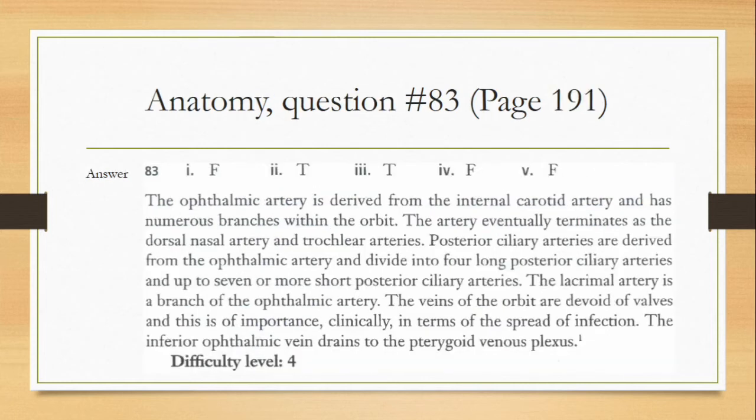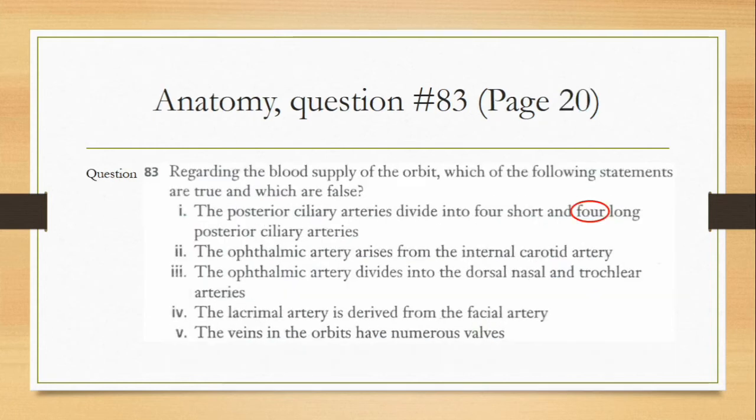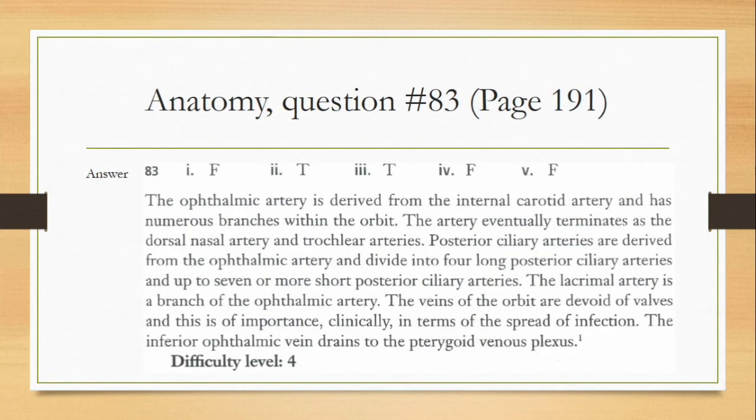And this statement is false because actually there are only 2 long posterior ciliary arteries which are located at 3 and 9 o'clock or nasally and temporally in the globe rather than 4.